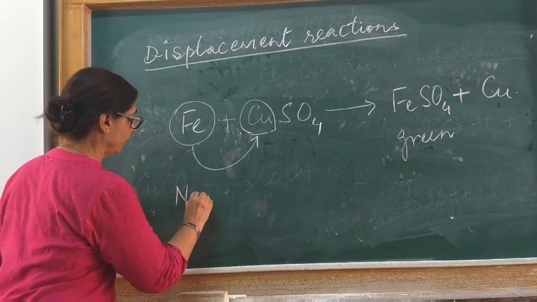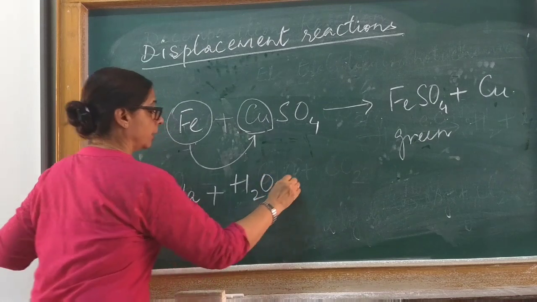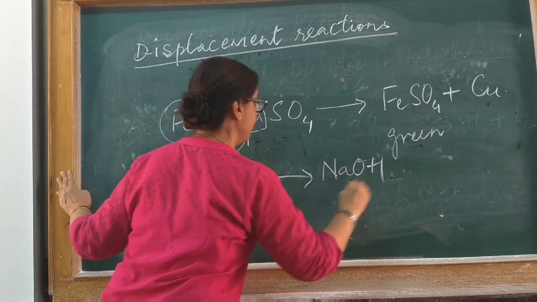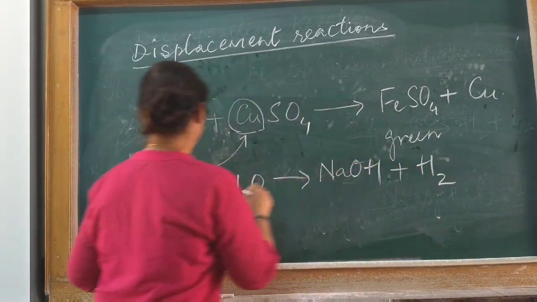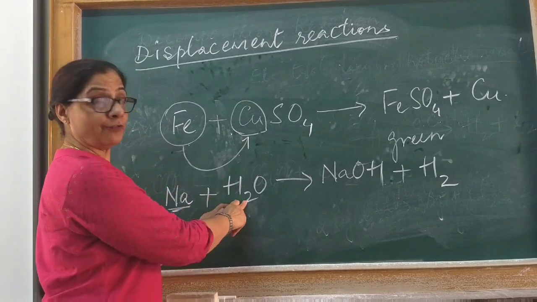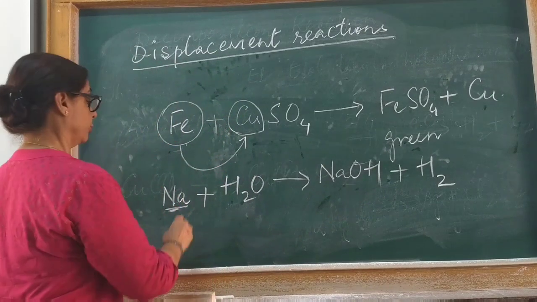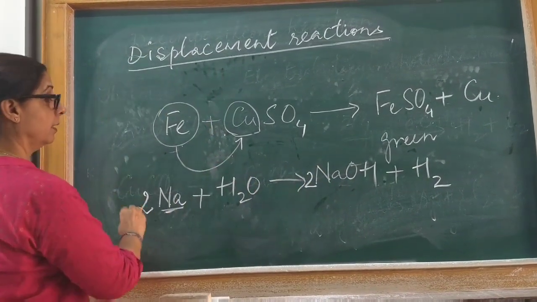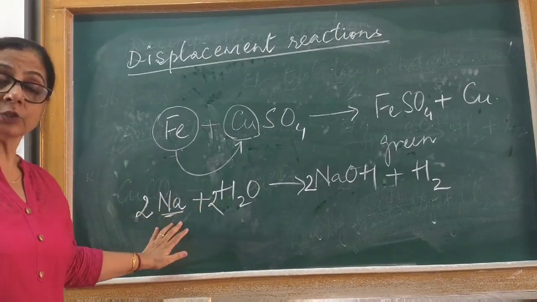If you have sodium and you react it with water, it will form sodium hydroxide, and at the same time hydrogen is displaced out. So sodium has taken the place of hydrogen and has formed sodium hydroxide and hydrogen. So this is the displacement of hydrogen by sodium.